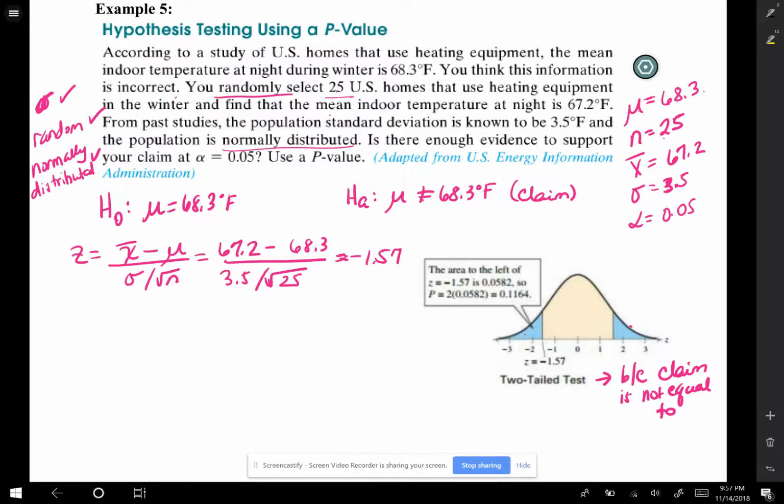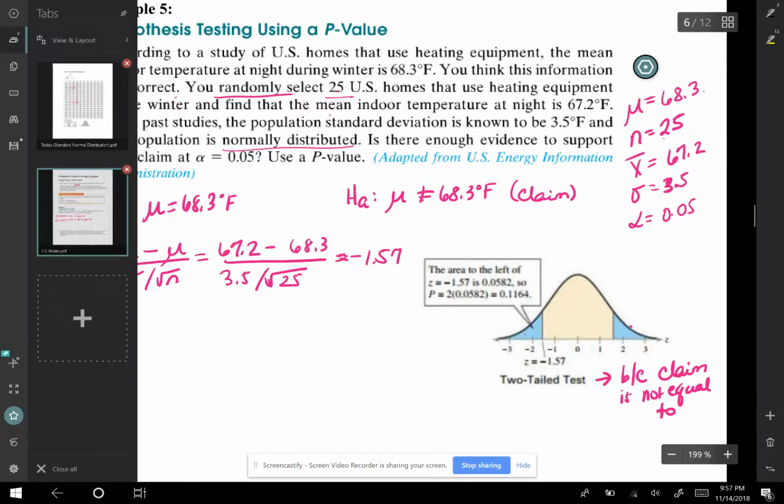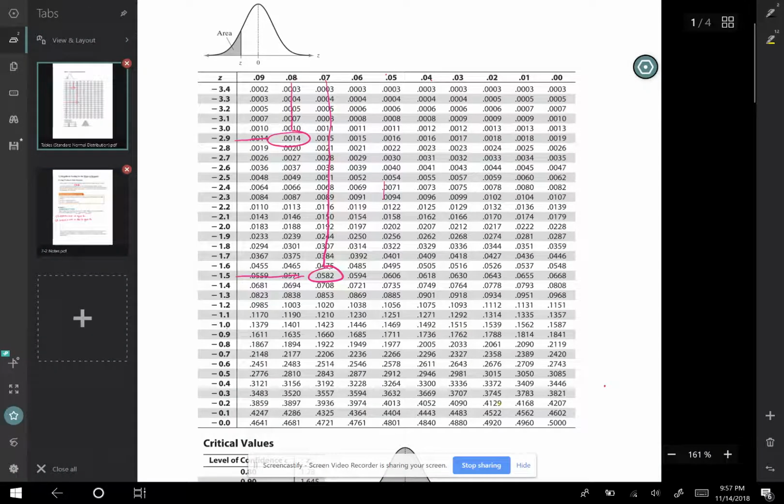So since the z-score is negative 1.57, that's giving us the area to the left of negative 1.57. So my p-value, we said, was 0.0582.